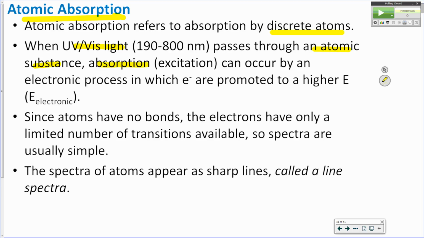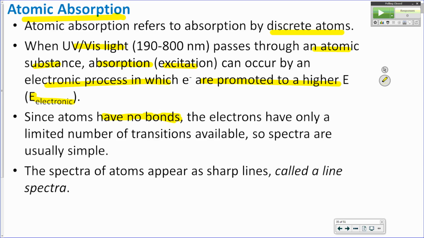Whenever we put UV-vis light through an atomic substance, something with these discrete atoms in it, we can have an absorption, which is an excitation event that occurs by the electronic process in which valence electrons are promoted to a higher energy level. This is what we talked about as E-electronic. So it's not the core electrons, it's the valence electrons. Remember I told you the total energy that can exist was E-electronic plus E-rotational plus E-vibrational. But there's only a limited number of transitions that can occur with atoms because they don't have bonds.